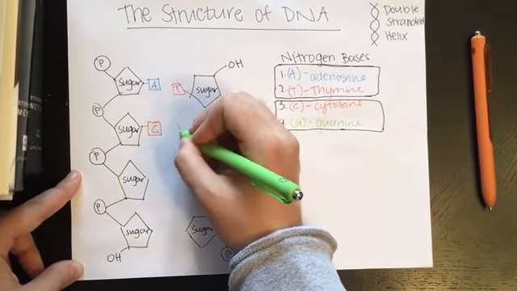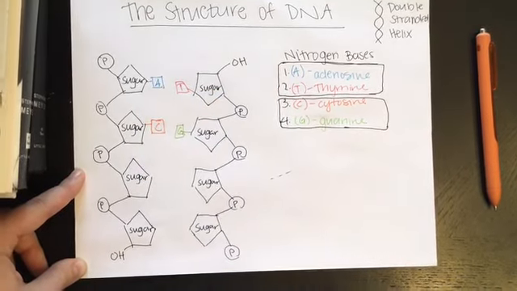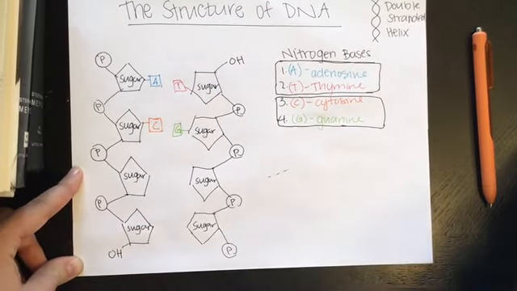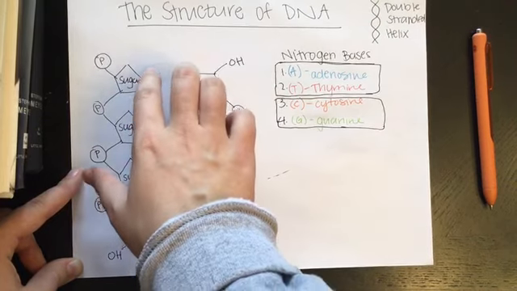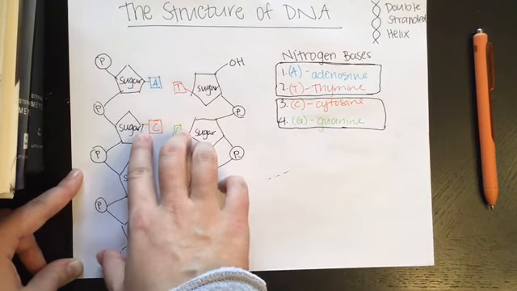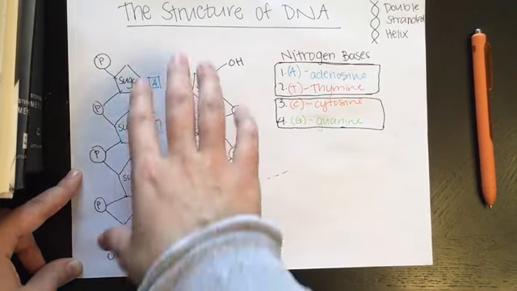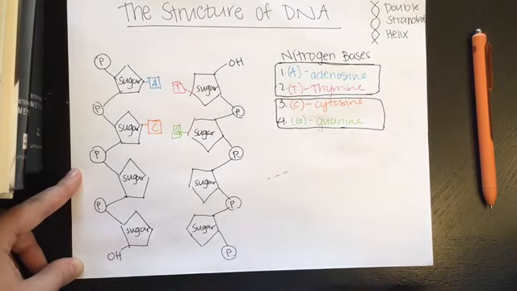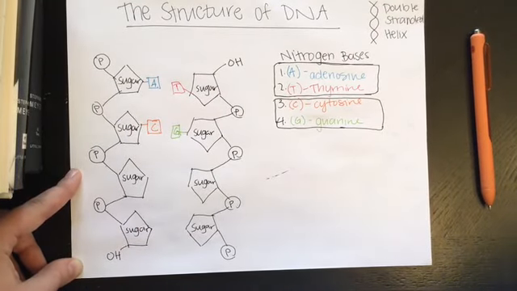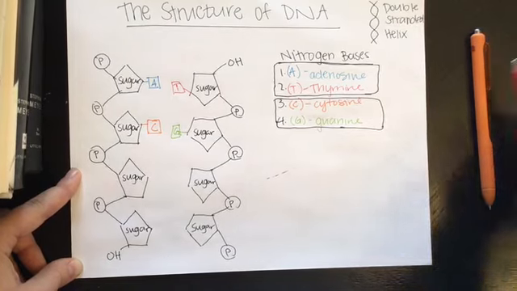And those two always go together. All right, and these can go in any order. You can have another A and T down here, second or third. It just depends on your DNA. Everybody's DNA is different.